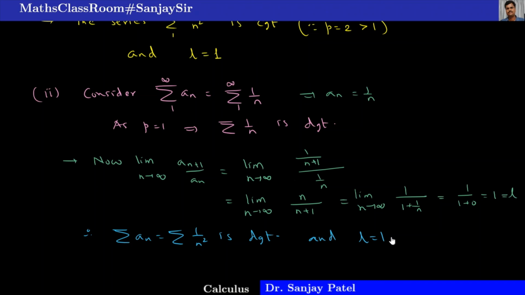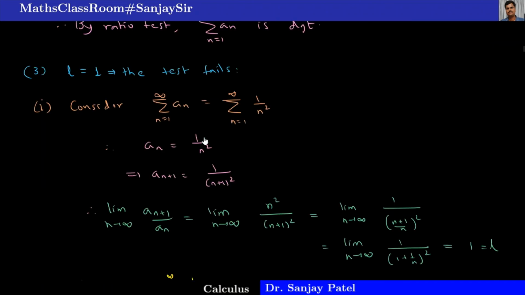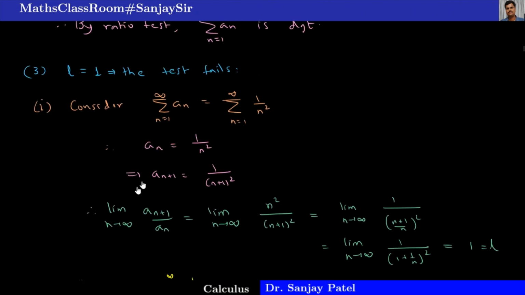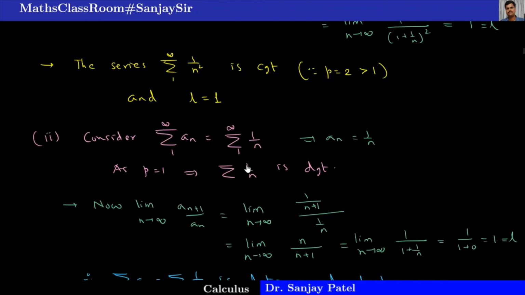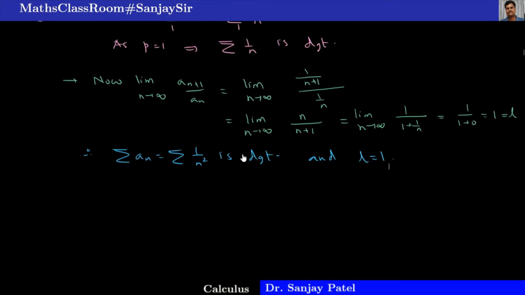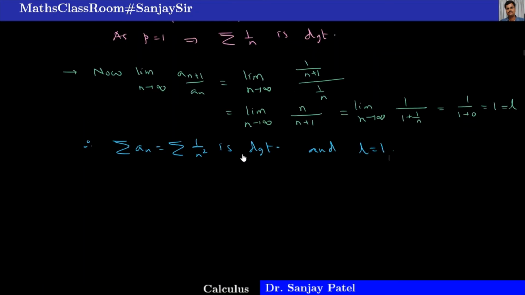So from these two examples, in the first example, we have taken sigma 1 upon n square, and for that the limit of the ratio a_{n+1} upon a_n is 1 and the series is convergent. In the second example, we have shown that the limit of the ratio is 1 and the series sigma 1 upon n is divergent. So one cannot decide when the limit value turns out to be 1.